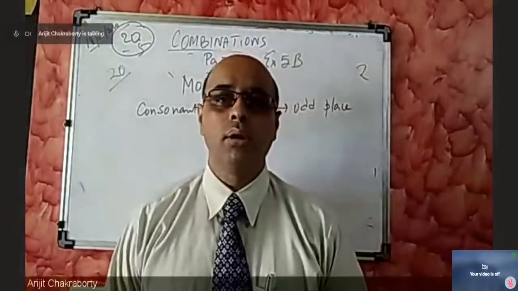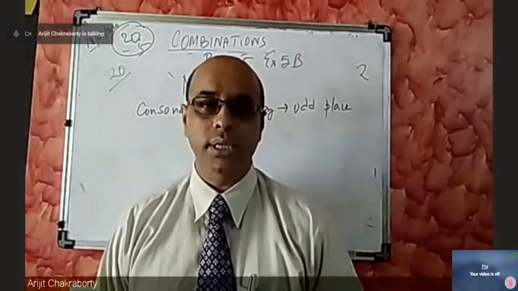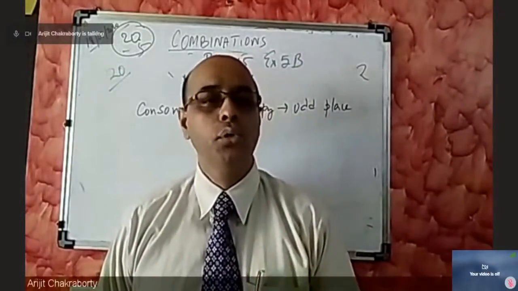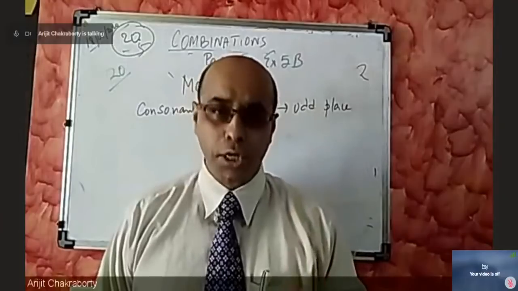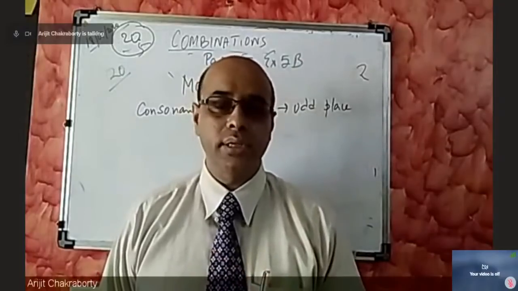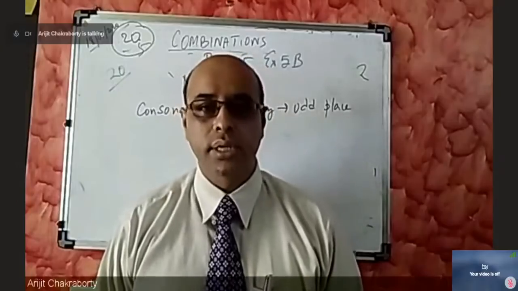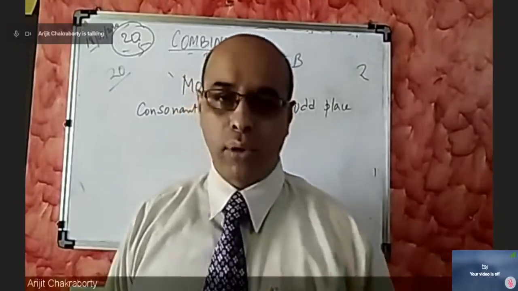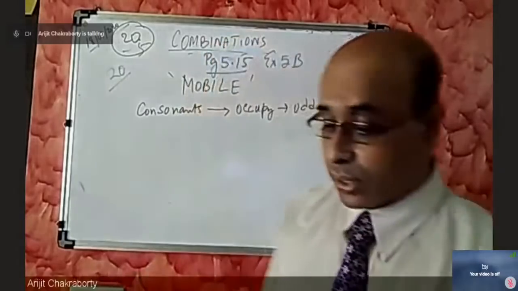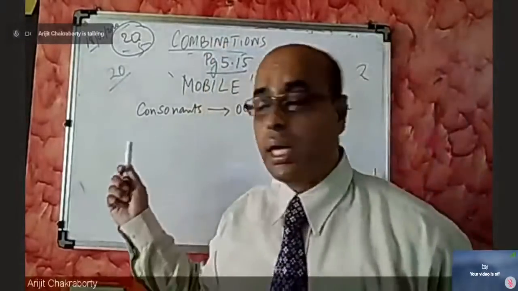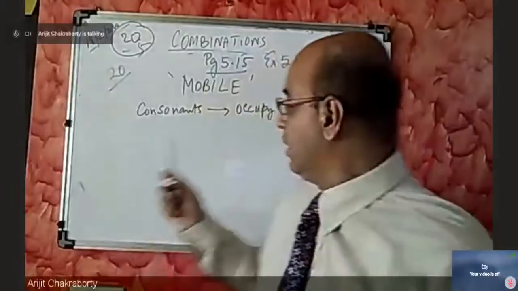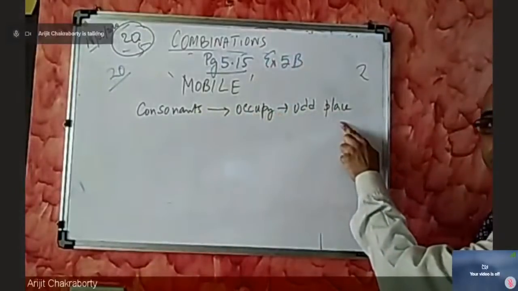Friends, you know about vowels and consonants. A, E, I, O, U are the 5 vowels in the English alphabet, and the rest, 21 letters out of the 26 letters, are consonants, right? Any letter which is not a vowel is a consonant. So here the condition is the consonants will be occupying the odd places.